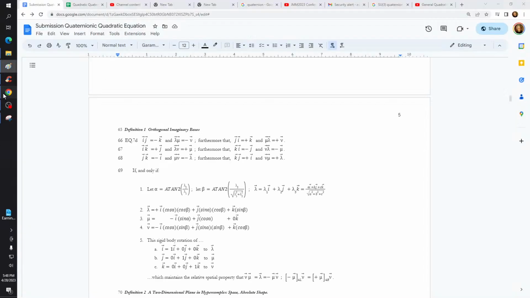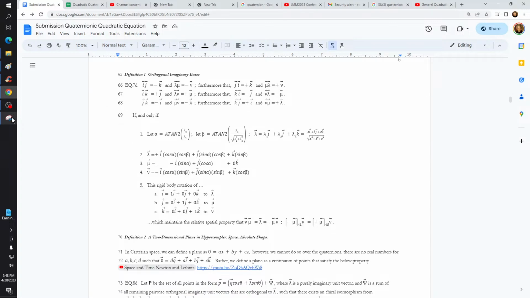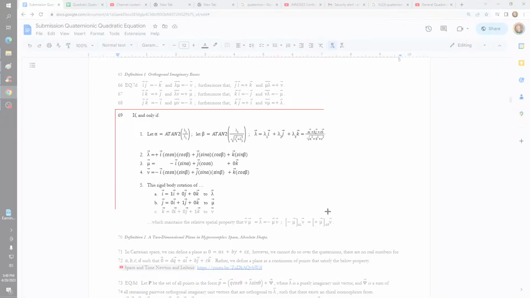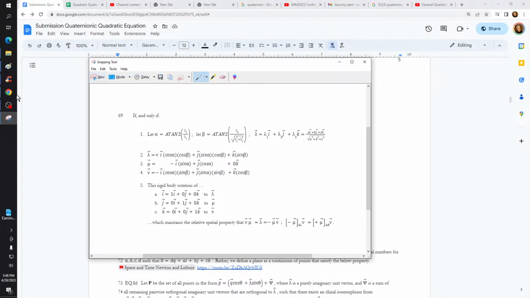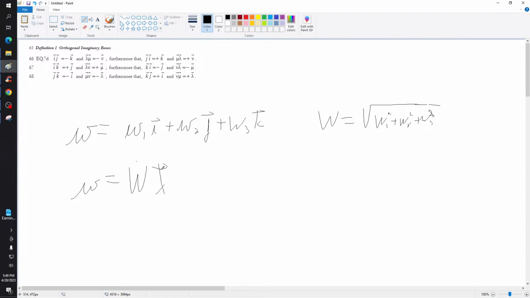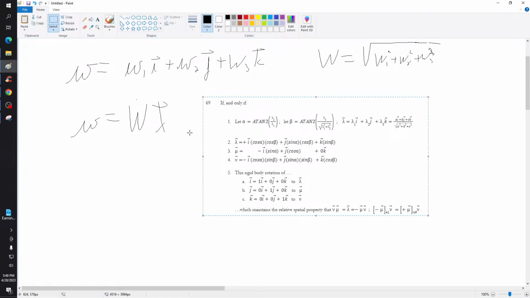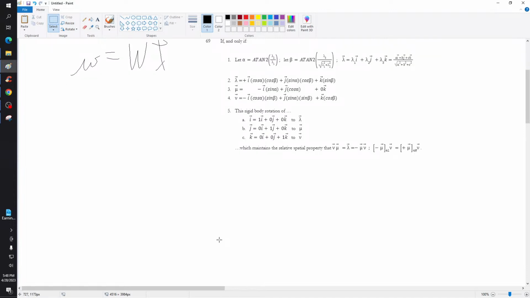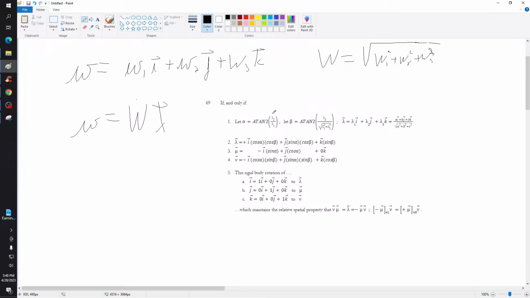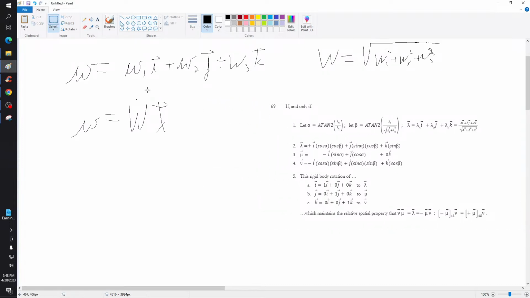Here I give the process, and it's nothing that's actually truly new. But we have to convert ijk to the proper basis that allows us to solve this problem, because it's unsolvable in ijk format. So we take the four-quadrant arctangent of w1, w2.